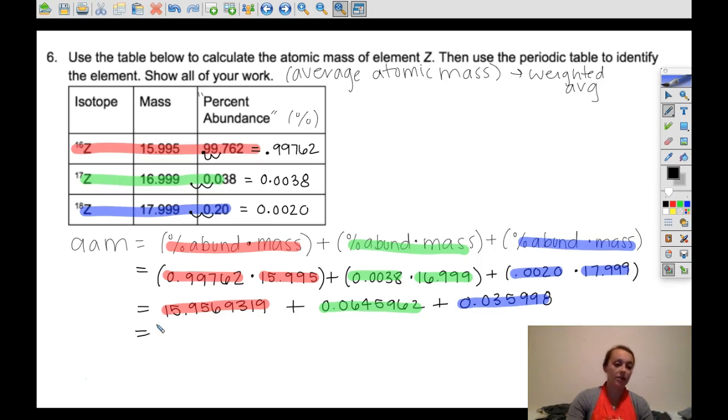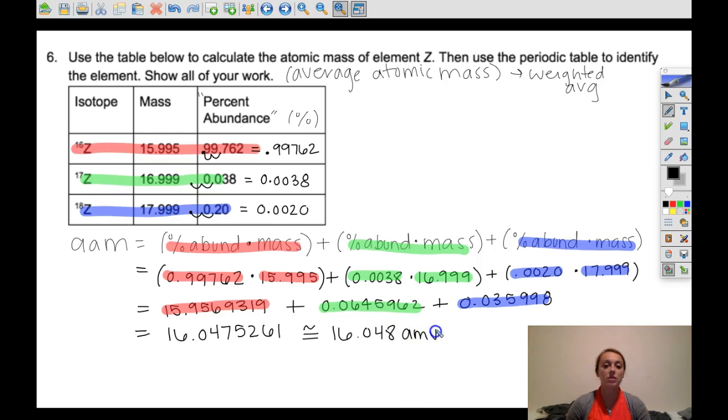And I get an answer of 16.0475261. So now that we have our final answer, we can round to 2 or 3 decimal places. So we can round that to 16.048. And because we're talking about atoms and the masses of atoms are not in grams, they're in AMU. AMU is my unit.